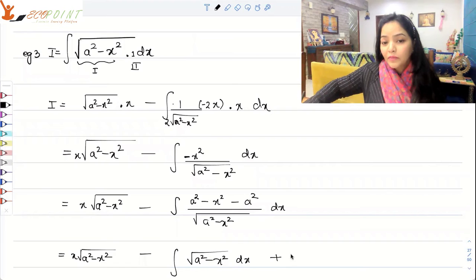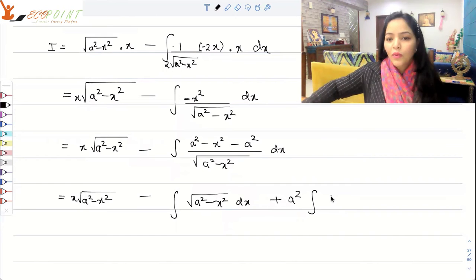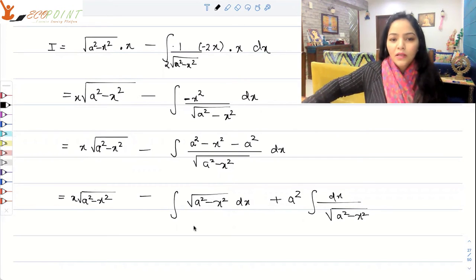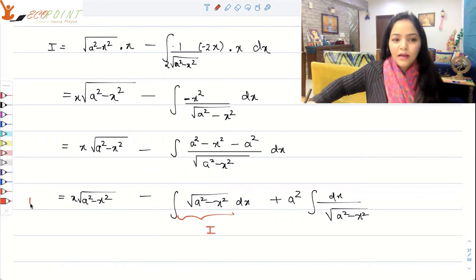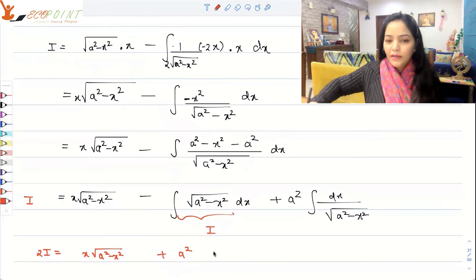Now minus minus will make it plus, so a square outside and you have the integral dx upon square root of a square minus x square. Now this you know is I, this you know is I, and I is equal to this entire thing. So that means twice of I is equal to x square root of a square minus x square plus a square integral of dx upon square root of a square minus x square.